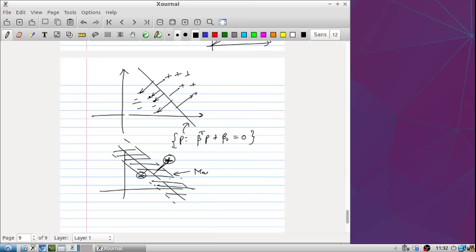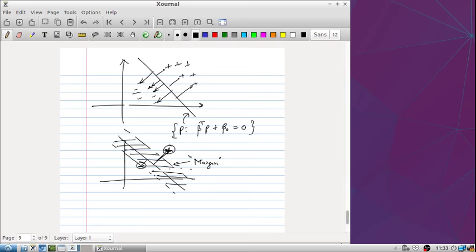The margin is a property of the current candidate hyperplane. So if I keep changing hyperplanes, I'll have different margins, right? Because when things were separable, I could choose different hyperplanes. They all have different margins.